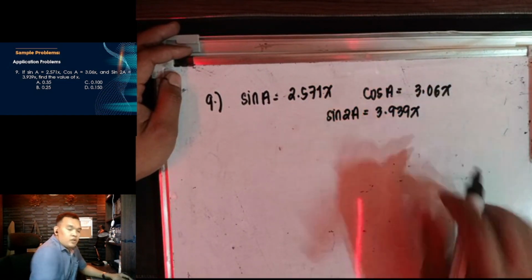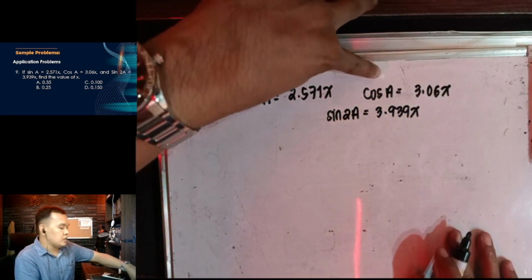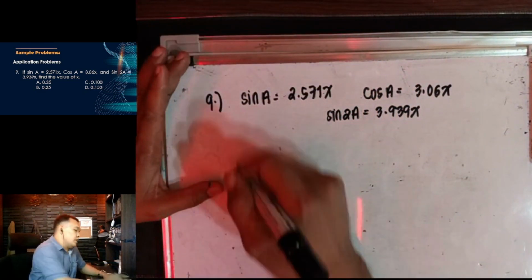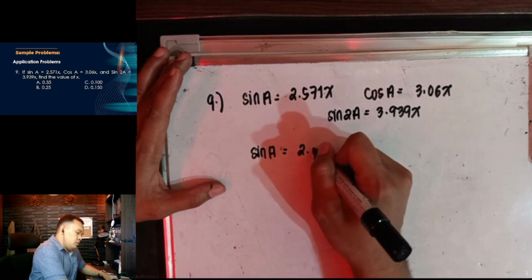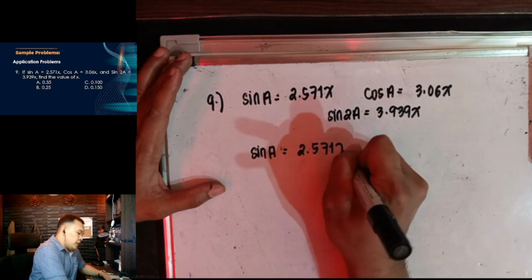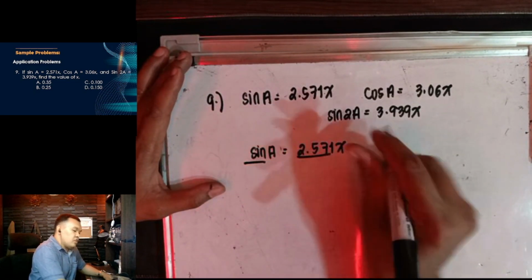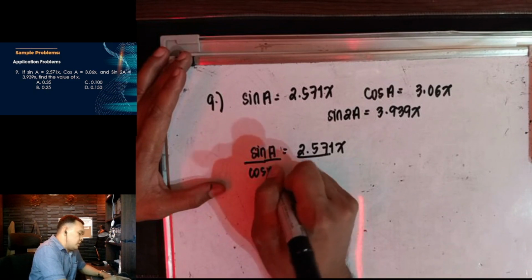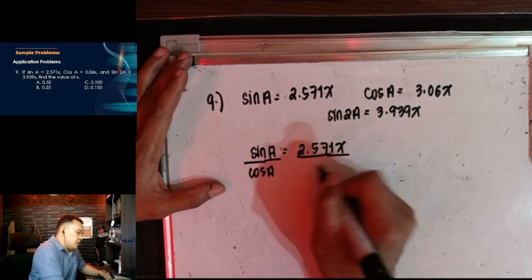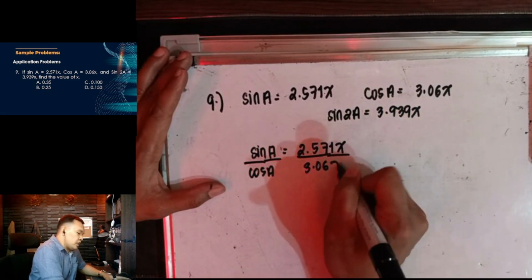Okay, first, pagsamahin ko itong dalawa, sine and cosine. So we could say that sine A, which is 2.571x, divided by cosine A, which is 3.06x. Okay?